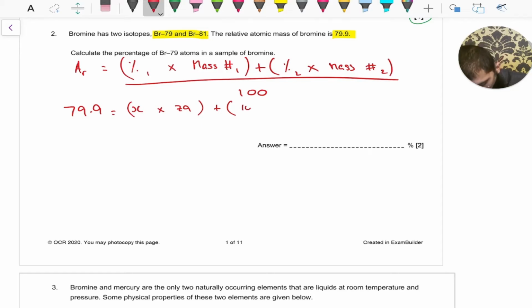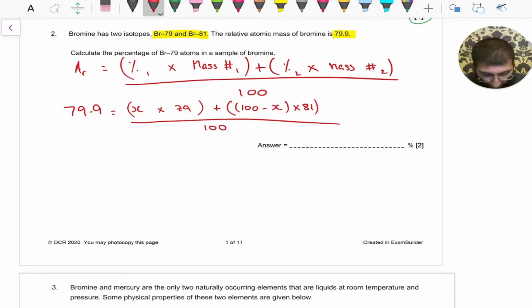So we've got (100 minus X) multiplied by 81. We're going to divide that by 100. So let's begin to simplify this. If I take 100 to the other side, I'm going to multiply by 79.9.